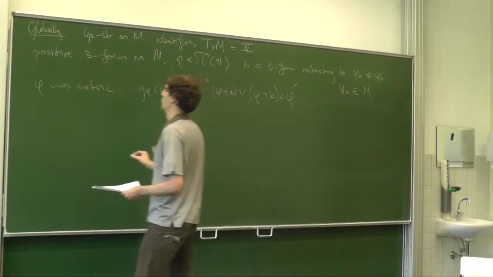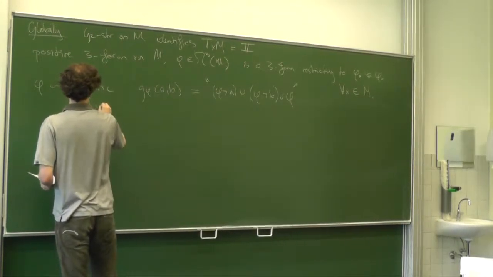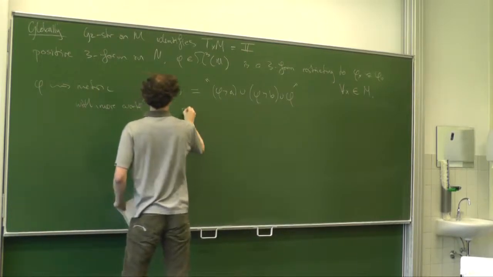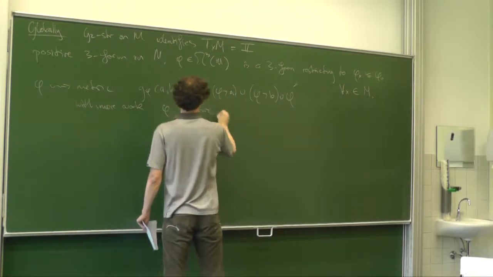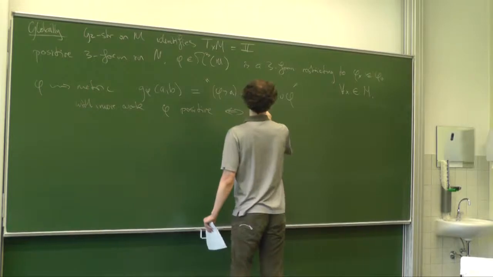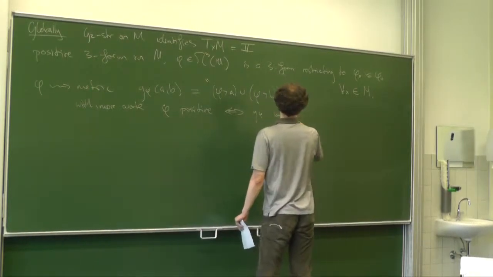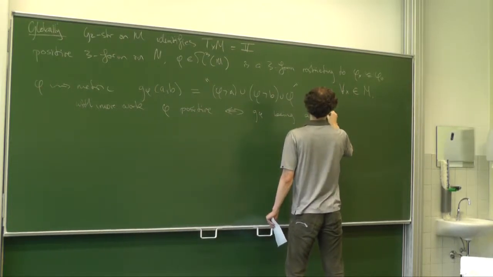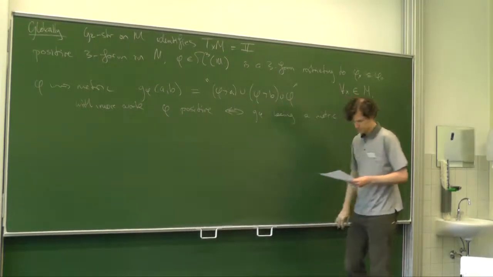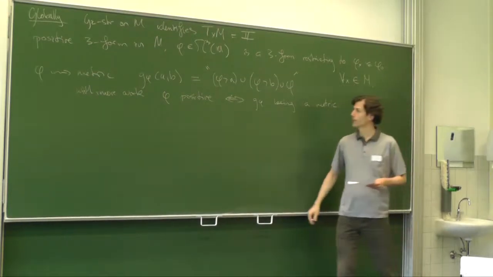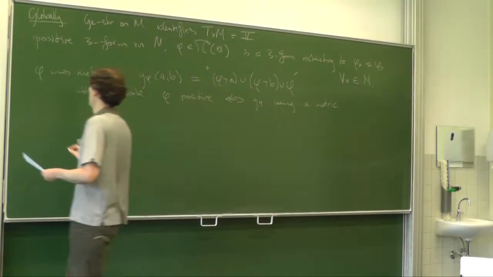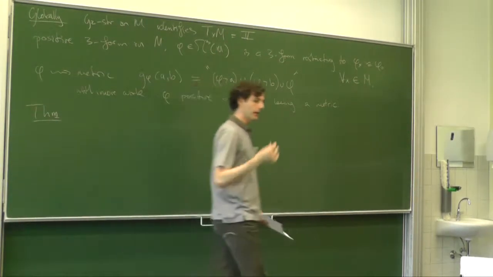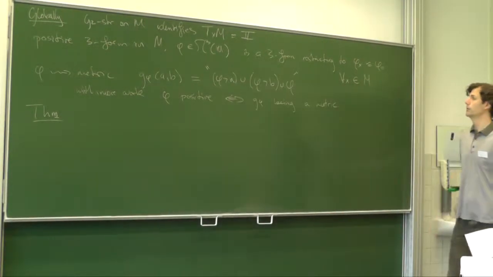Okay, so with more work, phi positive. And so now I have a metric, and I can ask, does it have holonomy G2?